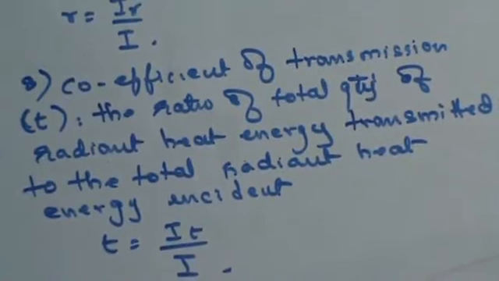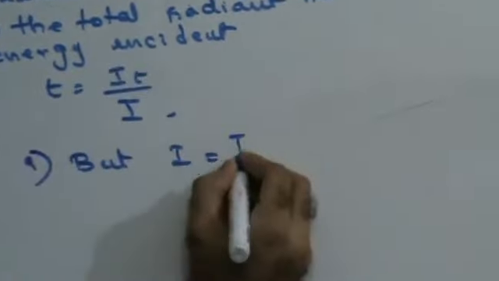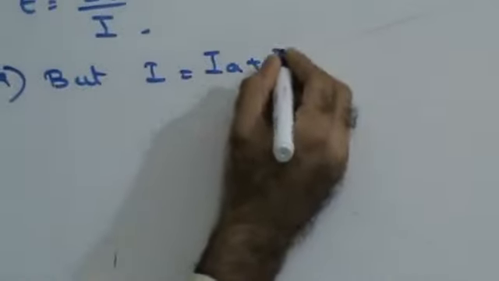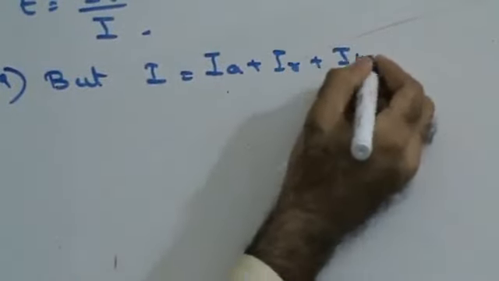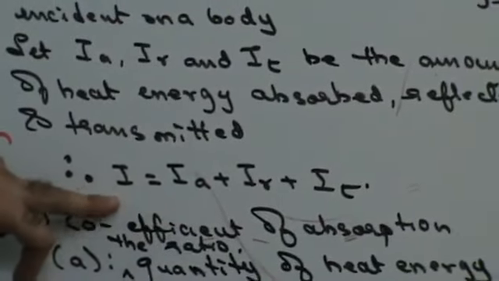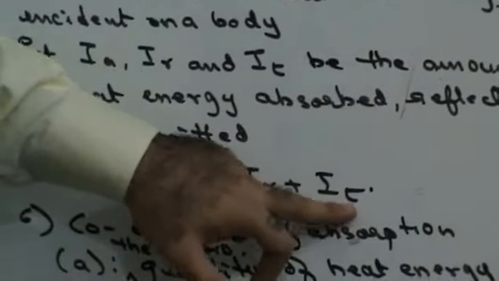Guys, we have just said that I is equal to Ia plus Ir plus It. We had derived this when we understood what is radiant heat energy: the total incident heat energy is equal to absorbed, reflected and transmitted.